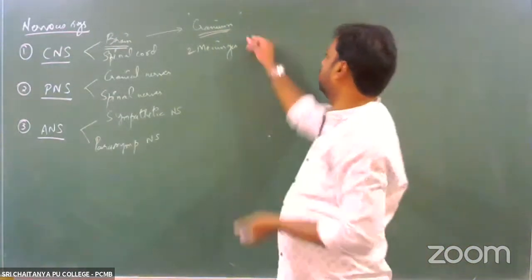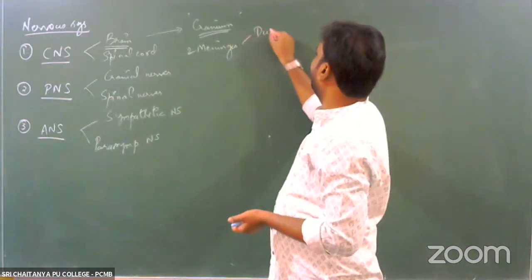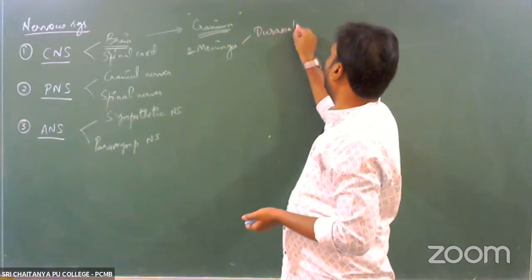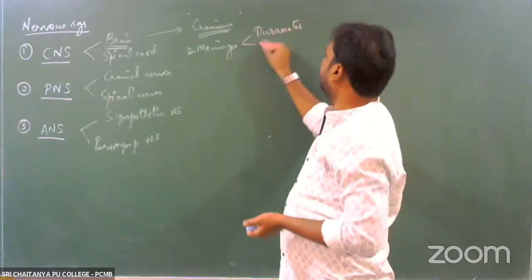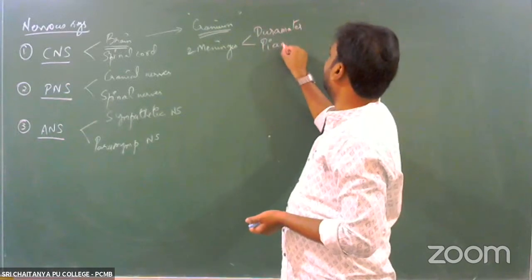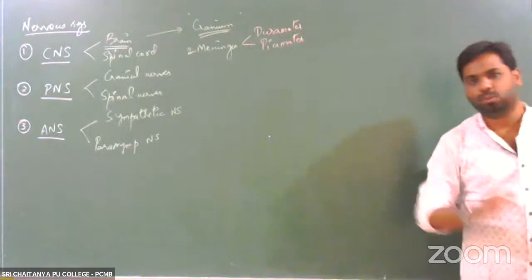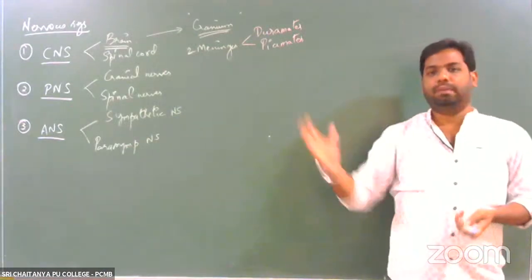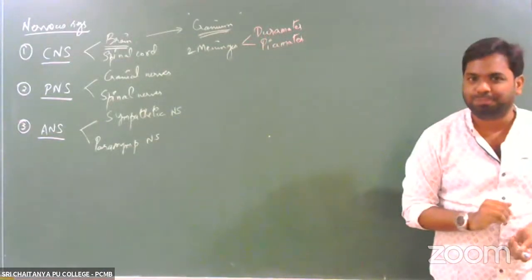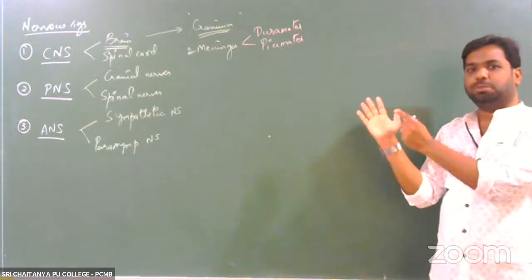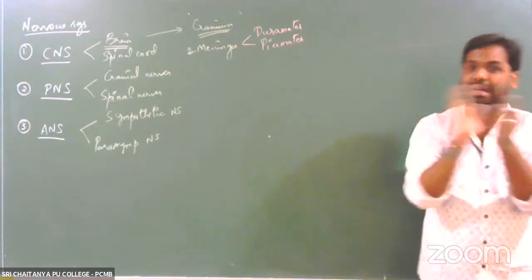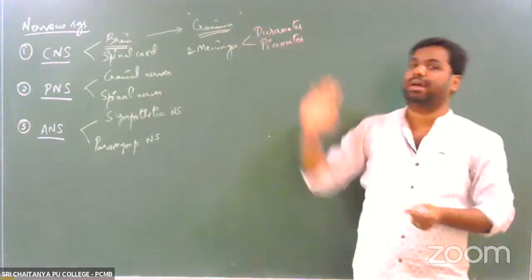And what are those meninges called? The first one is called the dura mater, which is the outer meninx, and the inner one is called the pia mater. Again, the major role of it is protection. So two layers of protection, and apart from that, there is another hard layer of protection, which is called the cranium.